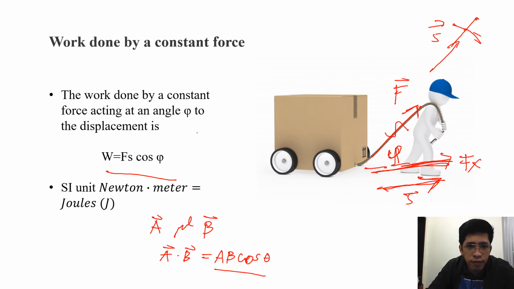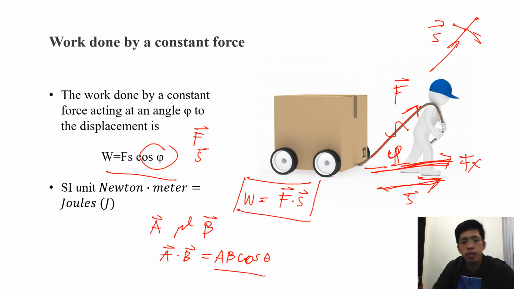Your force is a vector, your displacement is a vector, and you have some cosine phi here. So that means generally your work done is equal to F dot S. It is actually a dot product of your force and displacement vectors.